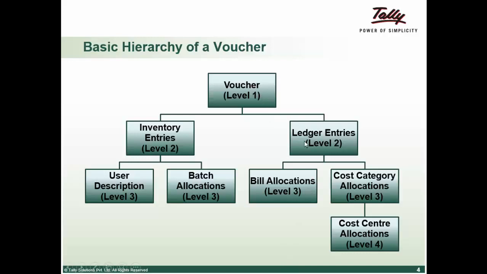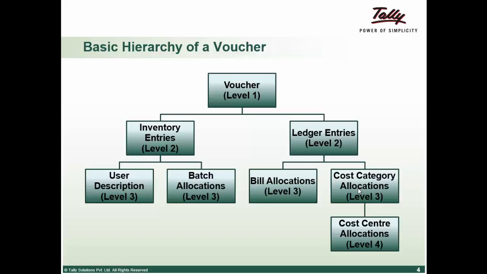Voucher object contains ledger entries. This collection is a group of sub-object ledger entry, and this contains bill allocations and cost category allocations. Please remember that even if the customer activates cost center allocation but does not activate cost category allocation, as per the hierarchy, the customer does not view cost category allocation, but it exists in the hierarchy.